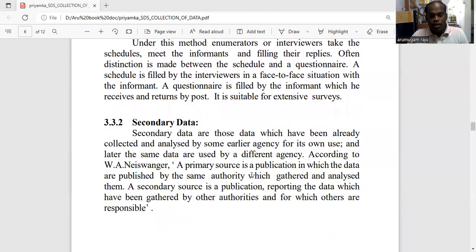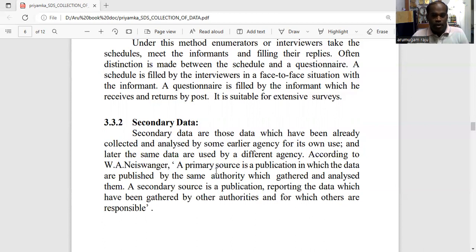So the next one is secondary data. Yes, we have already discussed it. So what is secondary data? Secondary data is the data which have been already collected and analyzed by some earlier agency for its own use, and later the data are used by a different agency, right?